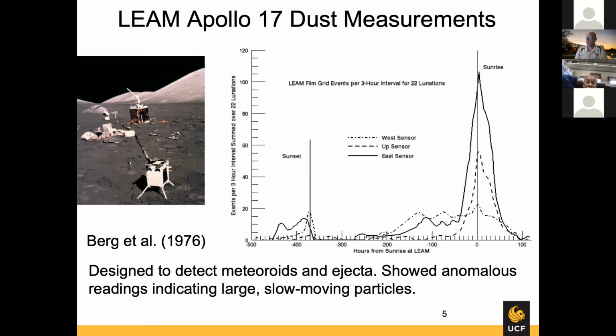The figure here shows the rate of detections as a function of time in the lunar day, where the two vertical lines indicate sunset on the left and sunrise on the right. The three curves are for the three different sensors, and there's some correlation with sunrise and sunset, which we'll come back to in a second.